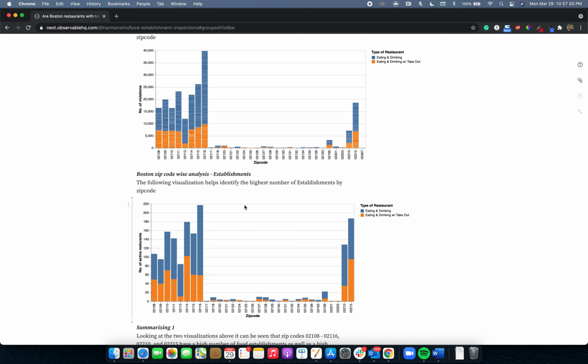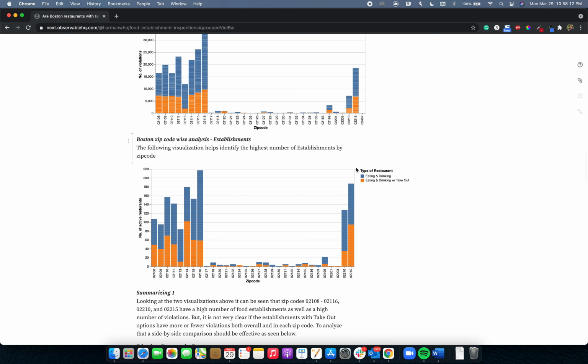And if we look at the number of establishments in those areas, as we could have imagined, most are in the 02116 zip code, followed, surprisingly, by 02215 and 02114.